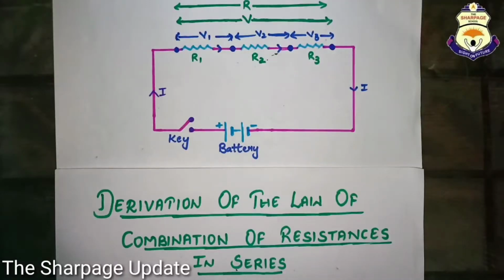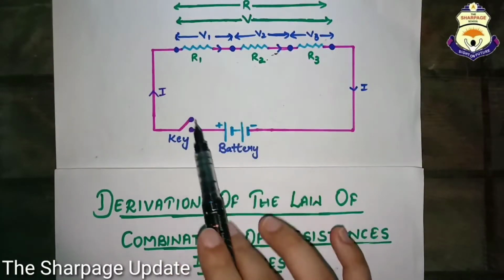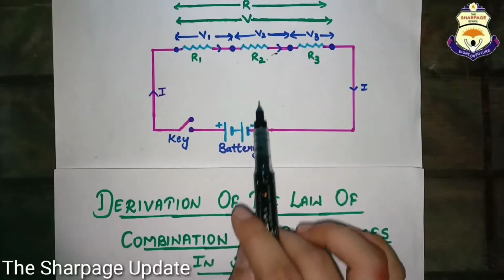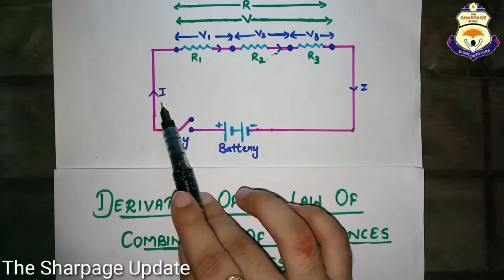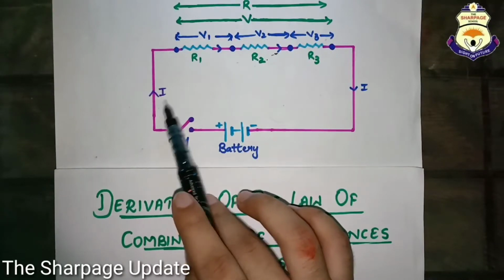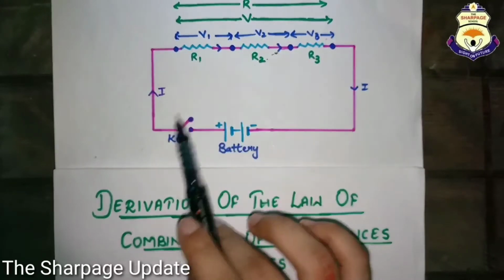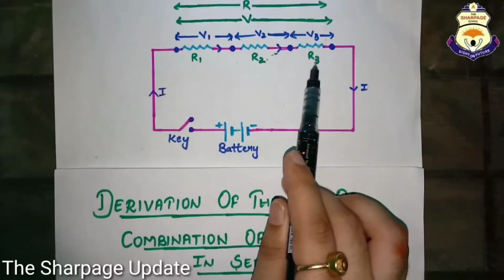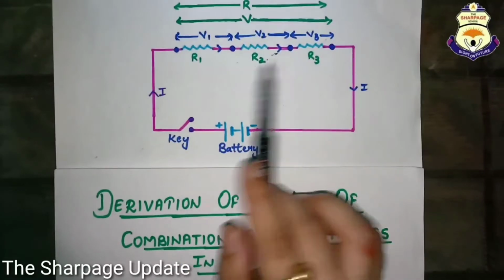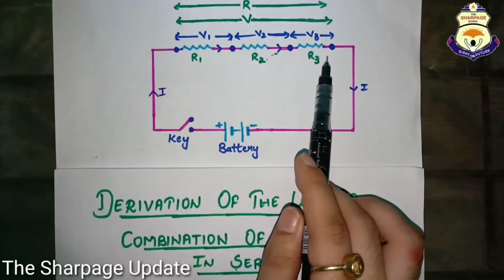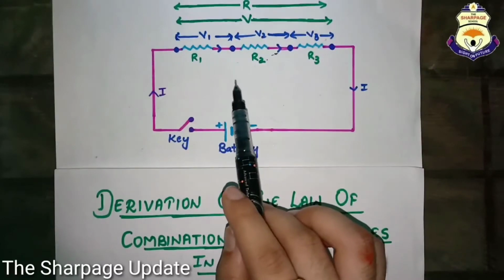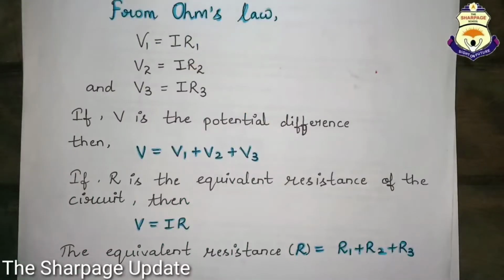Now we will study the derivation of the law of combination of resistances in series. Let R1, R2 and R3 be the resistances connected in series, I be the current flowing through the circuit, and V1, V2 and V3 be the potential differences across R1, R2 and R3.